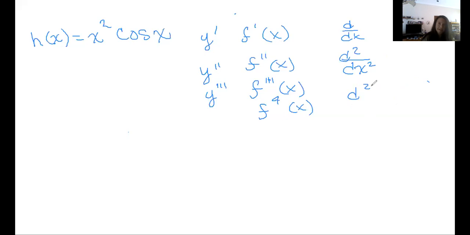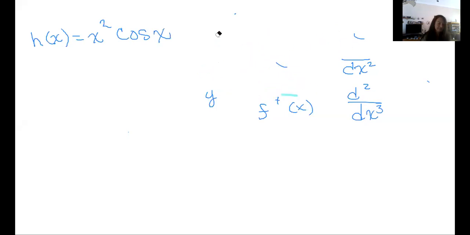Third derivative might look like this. So just letting you know that there's different notation that you're going to see. But in this one, I want to see how many derivatives I can go.